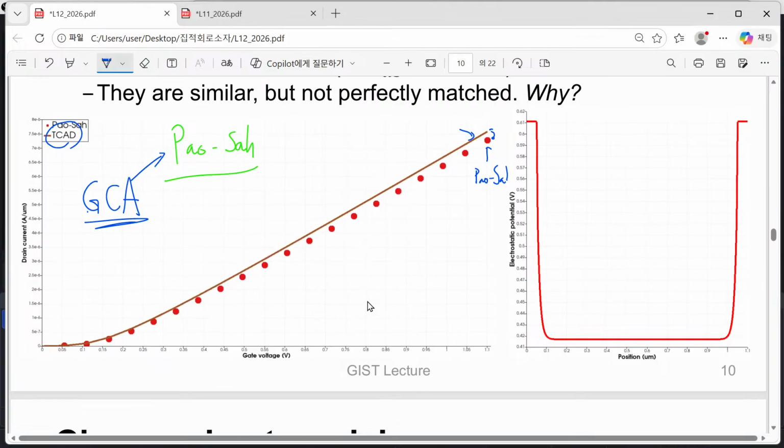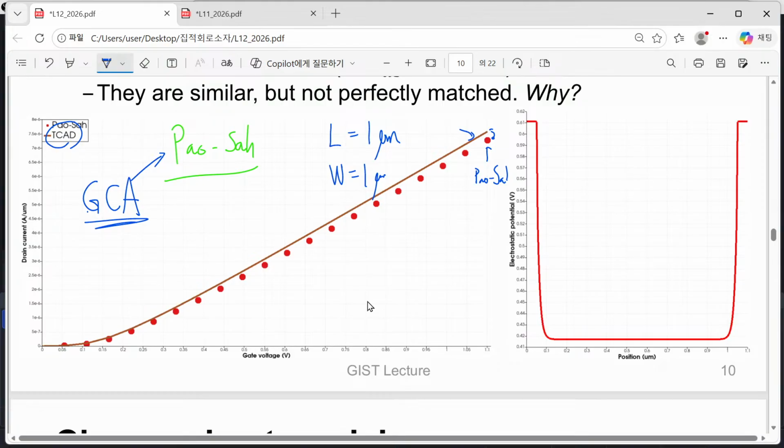The reason we have this difference comes from the structure we have assumed. In this case, I have assumed that L equals 1 micrometer, and also W equals 1 micrometer. So if we evaluate the W over L factor, then that is just the number 1.